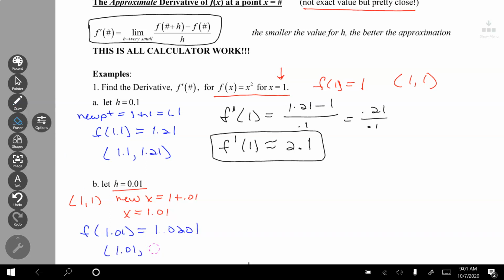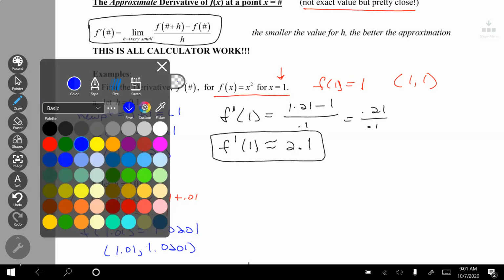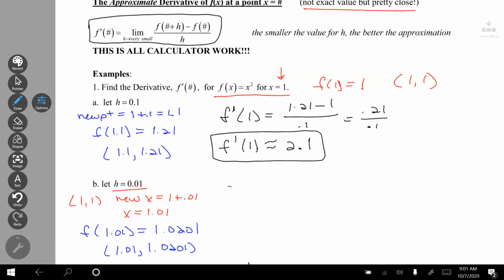So here are my values that I have for x and y, and all I'm doing is y2 minus y1. So f prime of still 1, that is the original x value that does not change, is equal to 1.0201 minus the original 1 over the h value of 0.01, which is 0.0201 over 0.01.